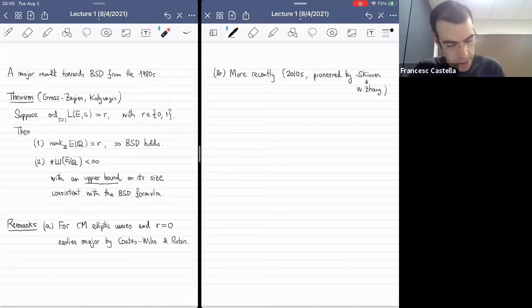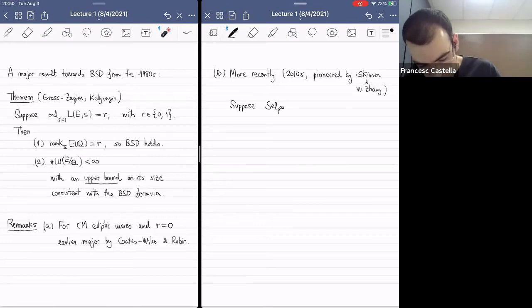Okay, and what these results do can be summarized in this way. Suppose now, instead of making a hypothesis on the order of vanishing of the L-series, we make a more algebraic type of hypothesis. We fix a prime p and look at the p-infinity Selmer group. Suppose that the Z_p-rank of the p-infinity Selmer group is equal to r, again with r equal to 0 or 1.